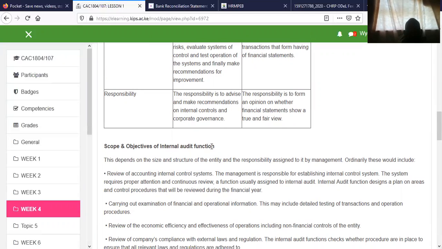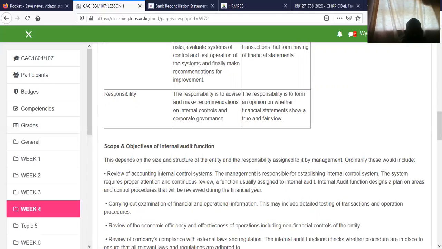How far does the internal audit go? Number one, review of accounting internal control system. Remember, internal control systems, we said, are the procedures that an organization adopts in carrying out operations so that it can minimize losses and also increase the chances of attaining the objectives that it has laid down.